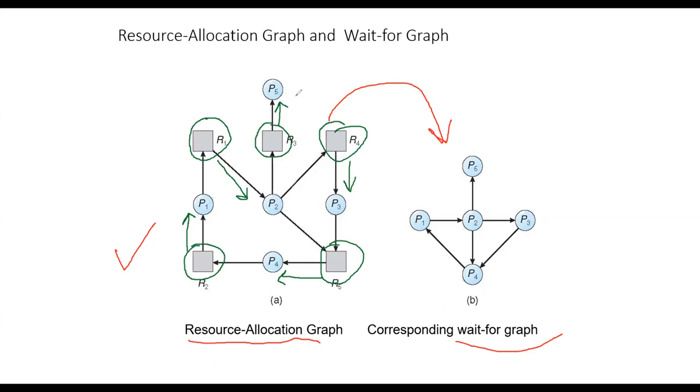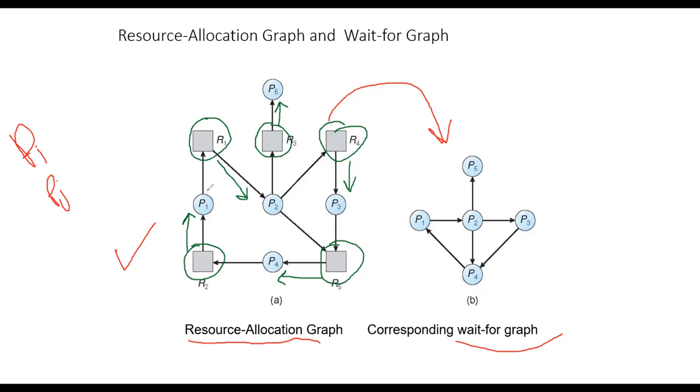Now, let's find the waiting status, because as I told you, we will have two types of processes, Pi and Pj. So P1, P5, P3, P4 are Pj, because they are holding resources. Let's find the Pi.